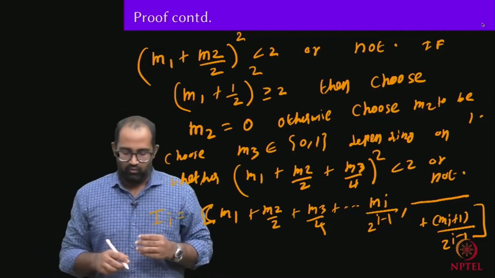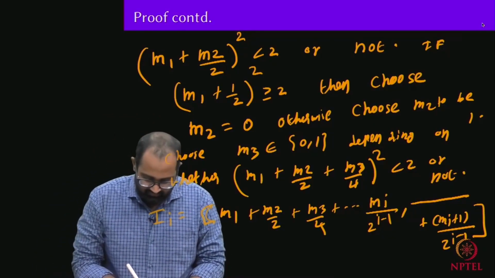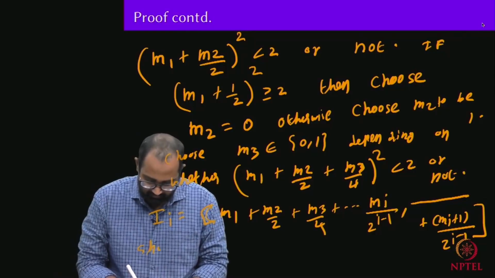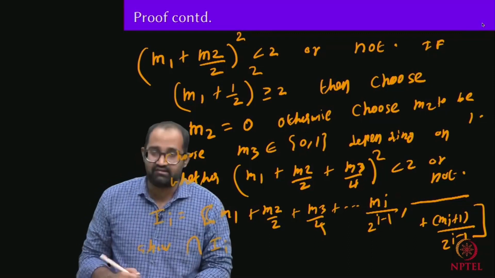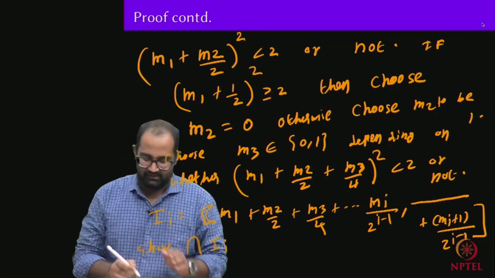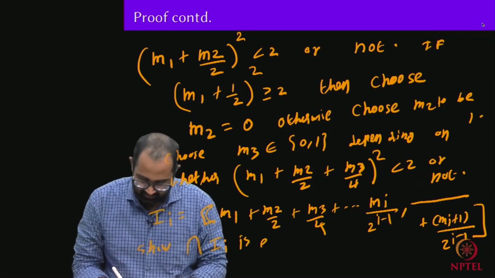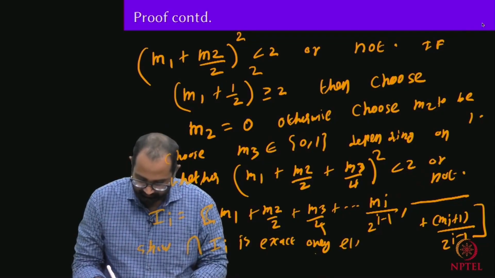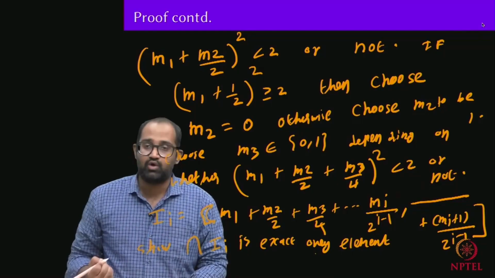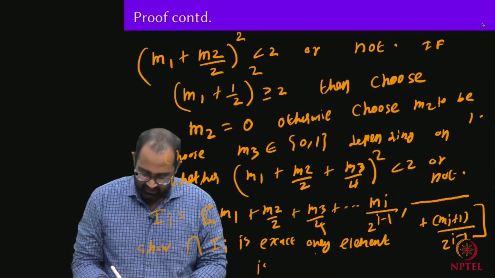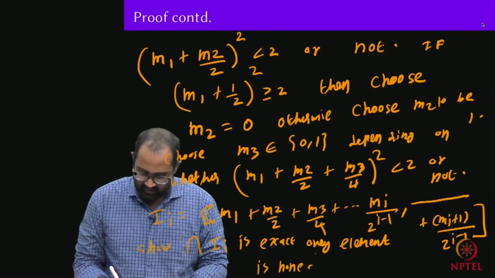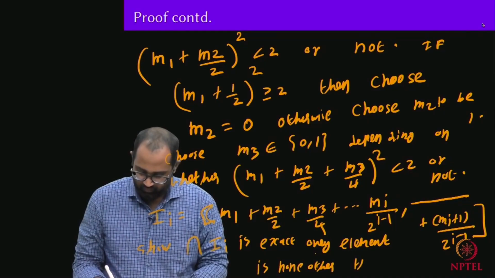So what you now do is show, by the nested shrinking intervals theorem, that the intersection of the I_i is exactly one element. And you argue that this one element is none other than the square root of 2.